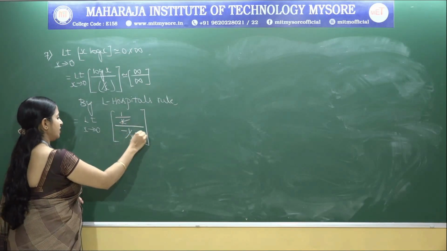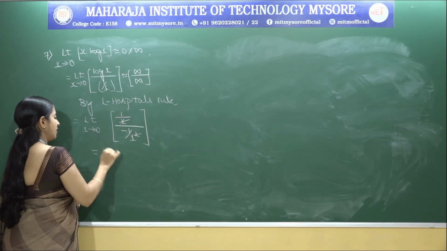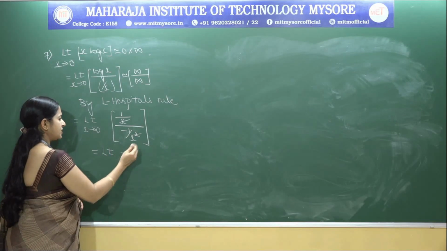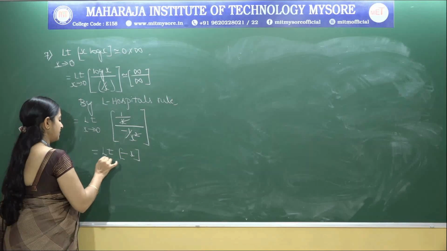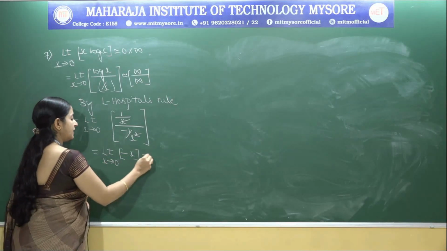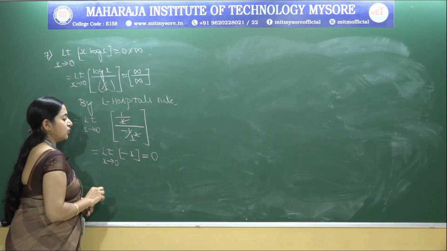Then cancel these two x, simplify this, since you have the negative sign, take this to the numerator, you will get minus x as x tends to 0. If you apply the limit, you will get the answer as 0.